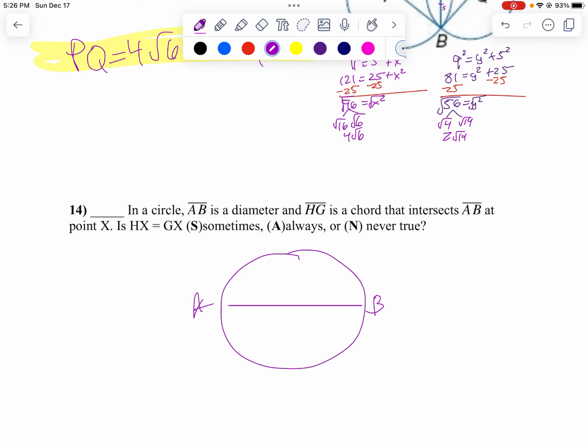H to G is a chord that intersects AB at point X. Here's my chord. It intersects at X, H, G. Does HX equal GX? Well, we can see here, no. But it could be if I made it perpendicular. So that would be a sometimes question.